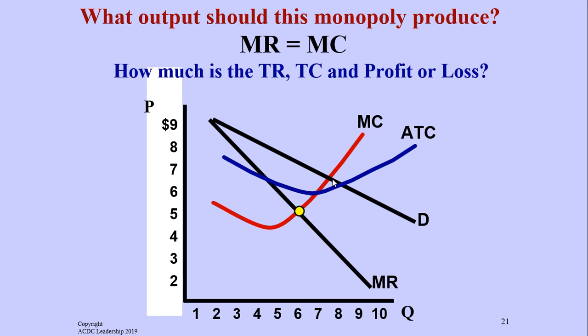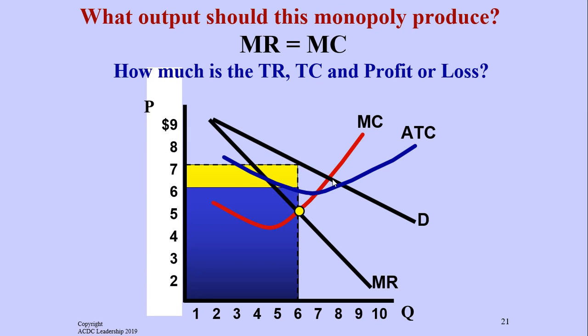Okay, so knowing that now, let's calculate really quickly, since we actually have numbers here, the total revenue, the total cost, and if there's a profit or a loss. So they're going to produce 6 units. They're going to charge $7 for those units. So what's their total revenue going to be? It'll be 42. So all that box represents their total revenue.